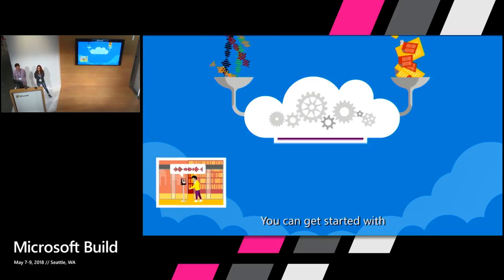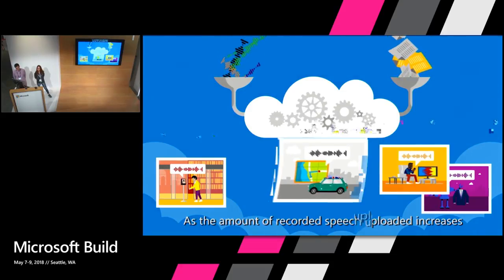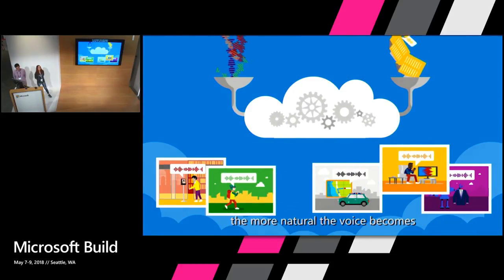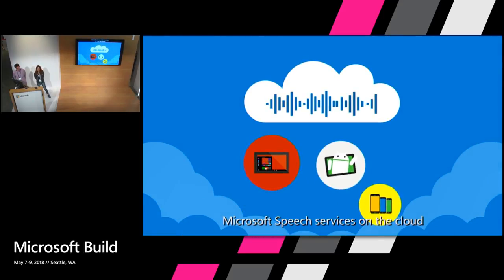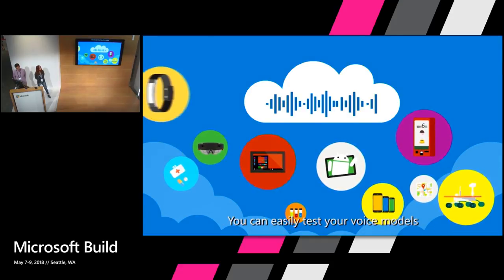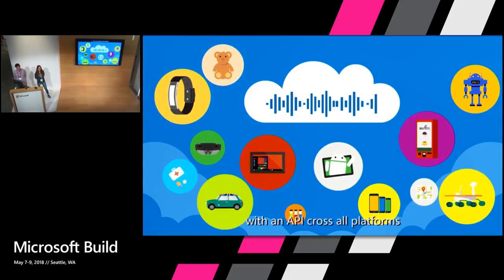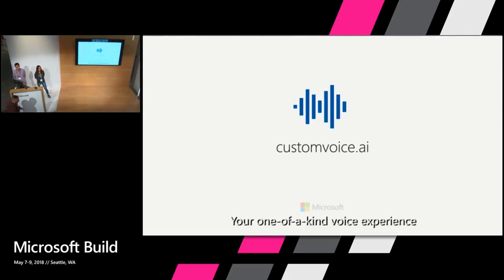You can get started with just a few hundred recorded sentences. As the amount of recorded speech uploaded increases, the more natural the voice becomes. Your customized voice models are fully integrated with Microsoft Speech Services on the cloud. You can easily test your voice models and integrate them into your solutions with an API across all platforms. Your one-of-a-kind voice experience is available now. Give it a try today.